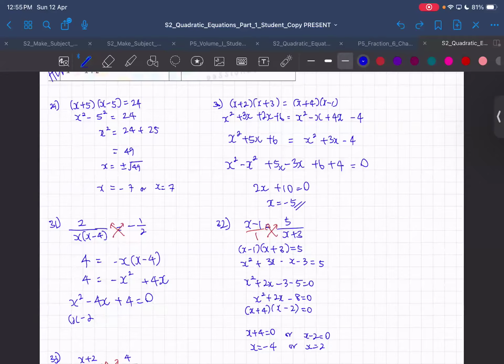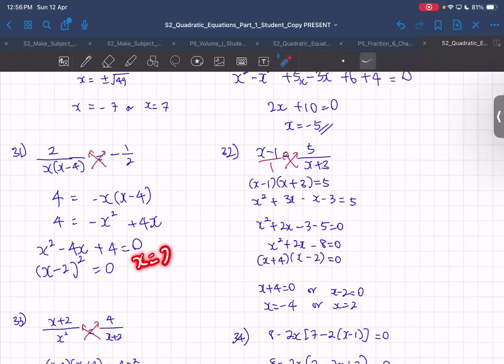Okay, this one I want you to take note. If you press your calculator, you realize that you will get only one x value. Like previously you learned, if I only have one x value, this means that it is what? Repeated roots. So it will be a square. You remember this or not? You press your calculator, you will get x equals to 2 only, one answer. But by quadratic, we know that there will be 2.